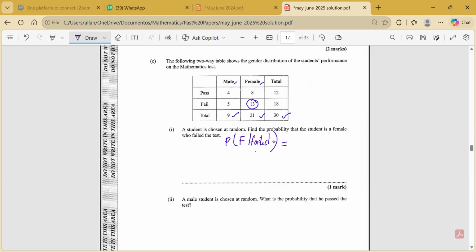No, 13. The total number of females who failed. Oh, 21. No, so 13. Right, but okay, so you want a female. The probability that a student is a female who failed.